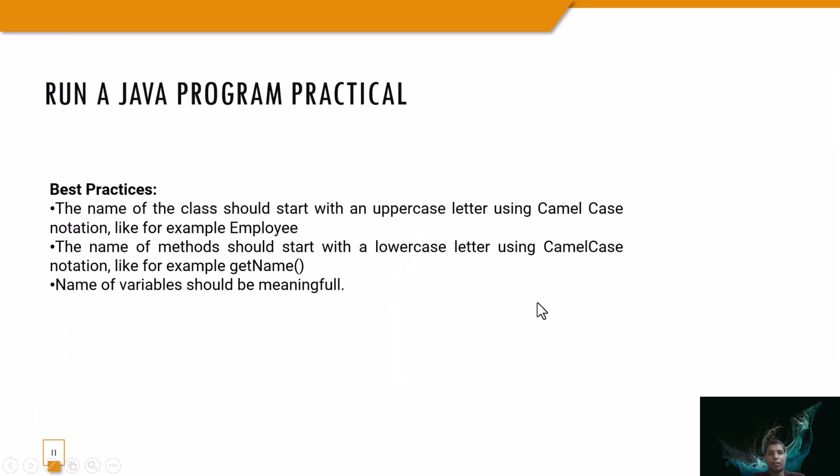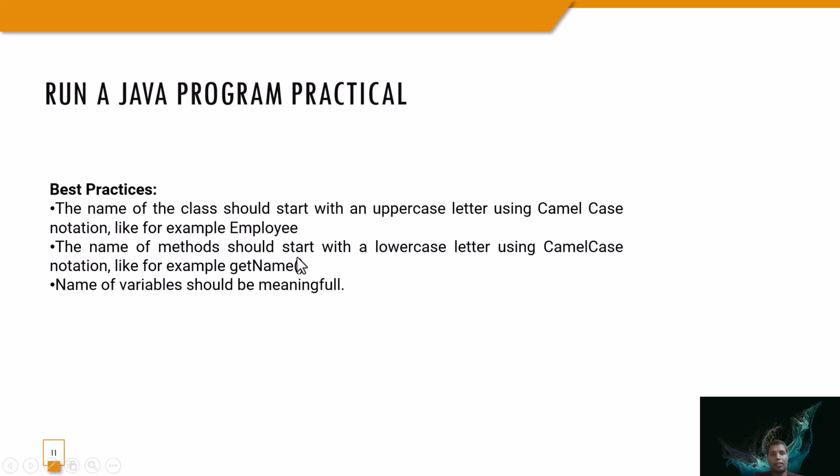Next, running a Java program practically. I will also show you how, in an editor, you can download Eclipse or STS or other Java editor applications, whichever you like. I've also written here best practices for writing Java code. The name of the class should start with an uppercase letter, like camel casing, so the first word is always capitalized.